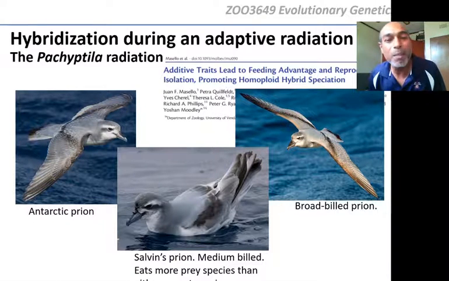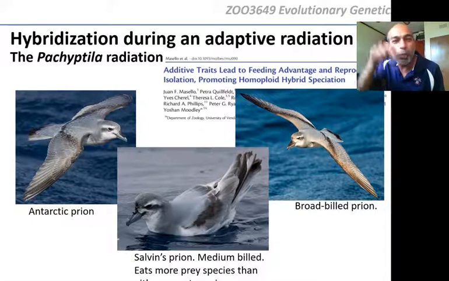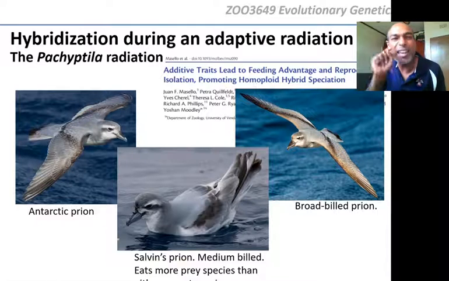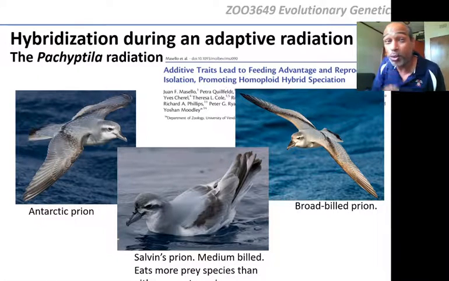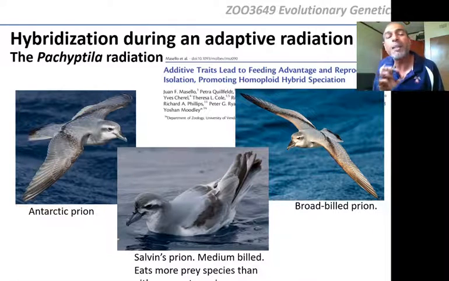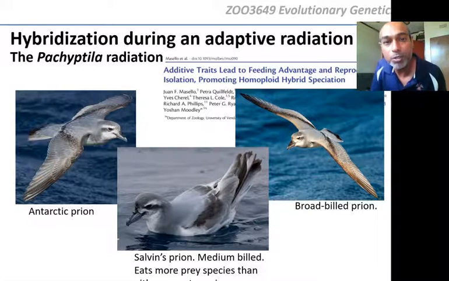And what did Ernst Mayr say when you have a hybrid between two species? He said the fitness of the hybrid will always go down. And that's why the hybrid can never make a species of its own. But he was wrong in this case. He was wrong in the case of the butterflies as well. He's been wrong in many cases now. And that is why we've dismantled his classical view of speciation.